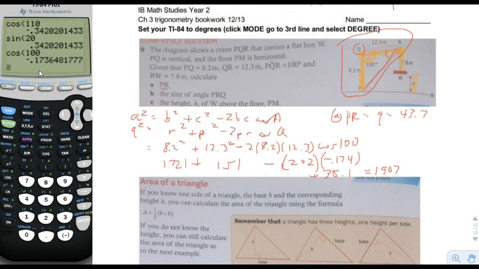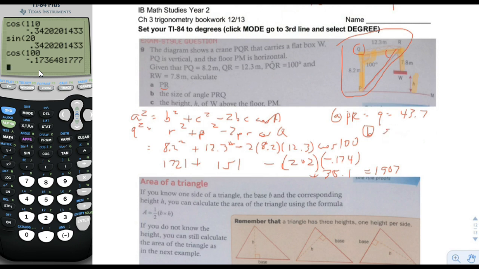Okay. So now that we know all three sides plus an angle, now we can find the angle R using law of sines. So now we're going to say, okay, small r over sine of big R is equal to small q over sine of big Q. And we can flip this over too. Instead of writing it like that, let's flip it over.